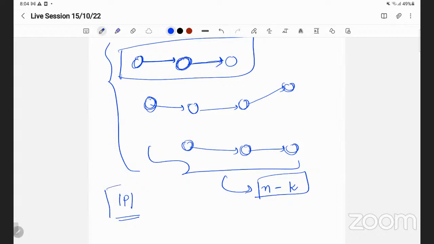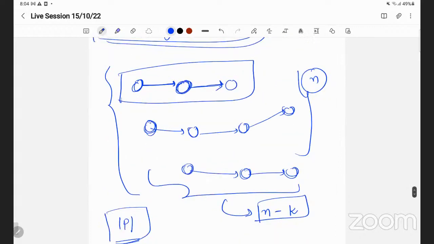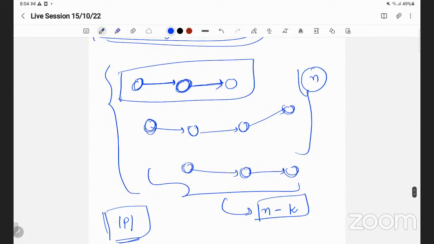So how many vertices are there in total? N, right? And if the size of this disjoint path cover is p, there are p vertices which have in-degree 0, that means they don't have any incoming edge.